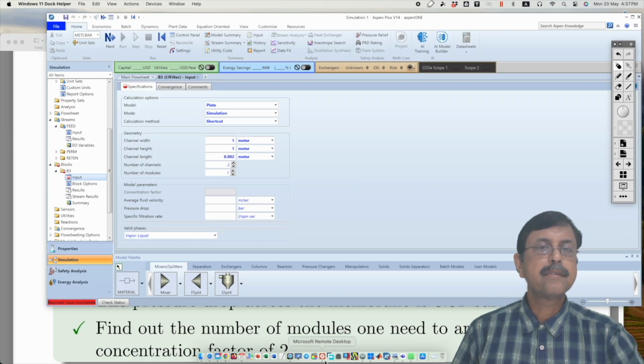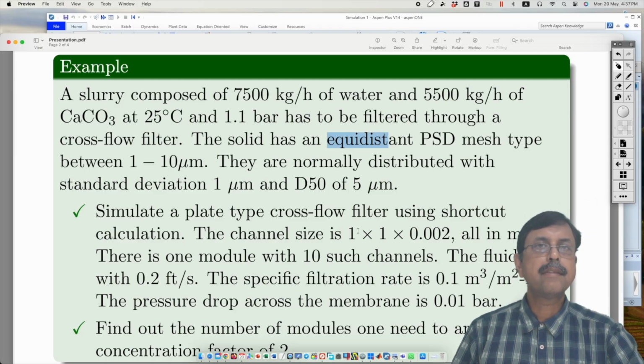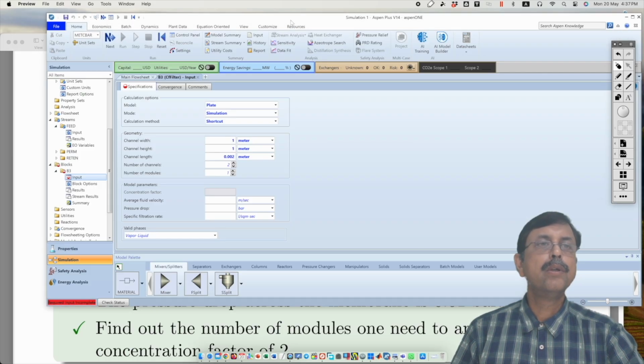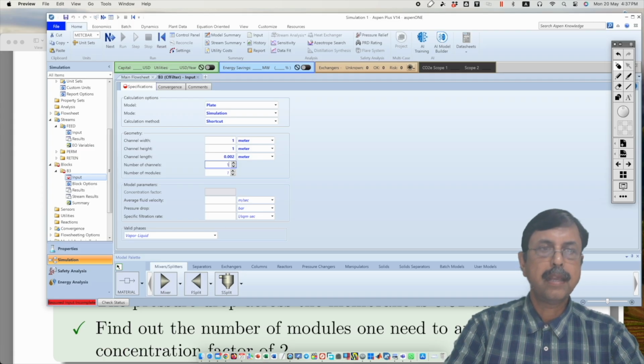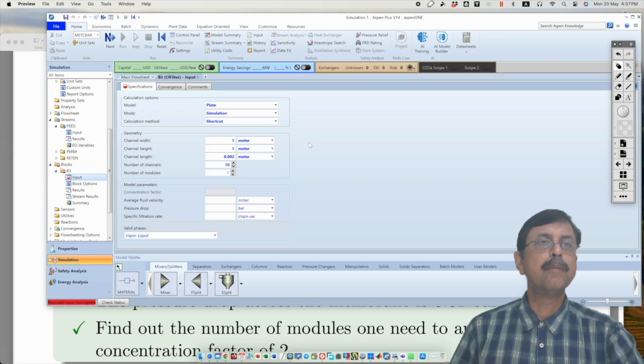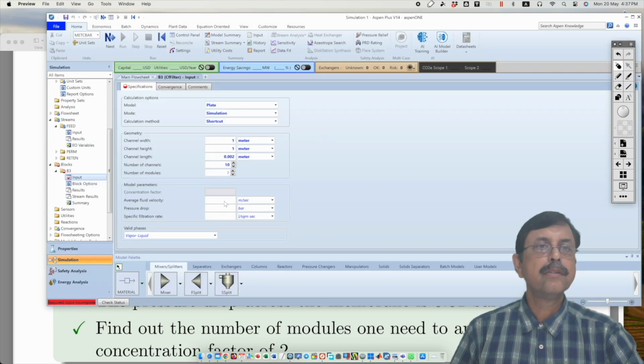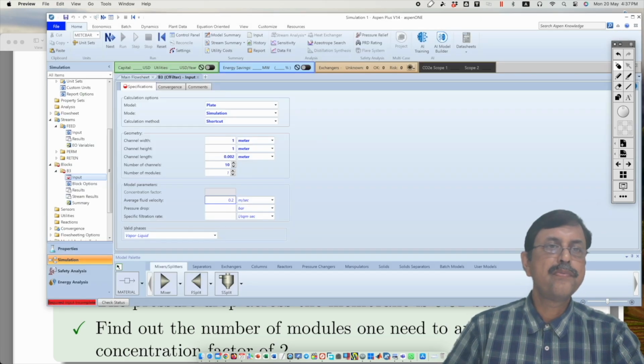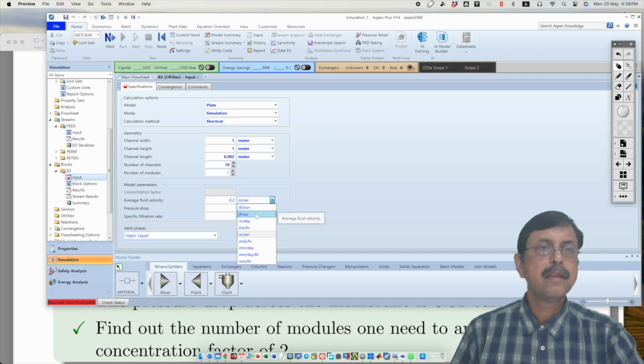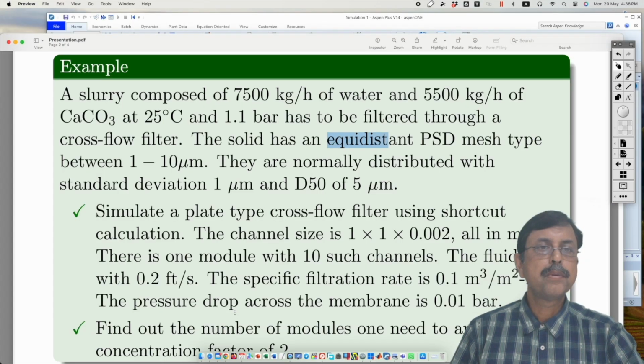Number of channels, 10 such channels and 1 module. Average fluid velocity is 0.2 feet per second. Pressure drop 0.01 bar, specific filtration rate 0.1 meter cube per meter square hour.